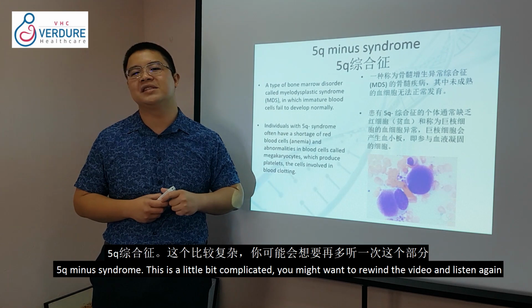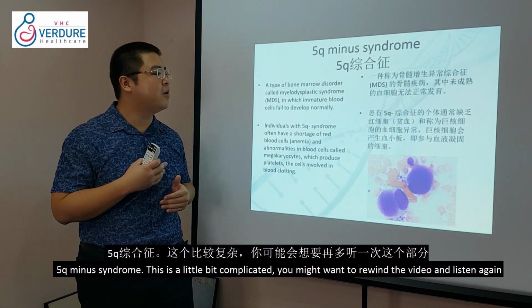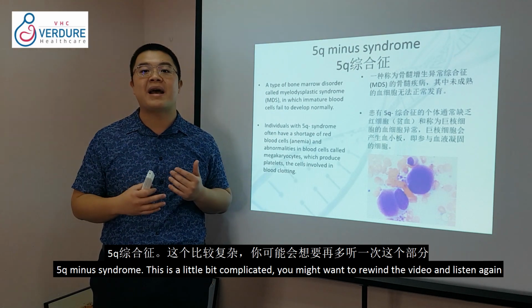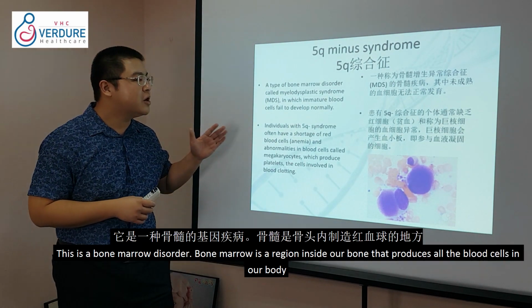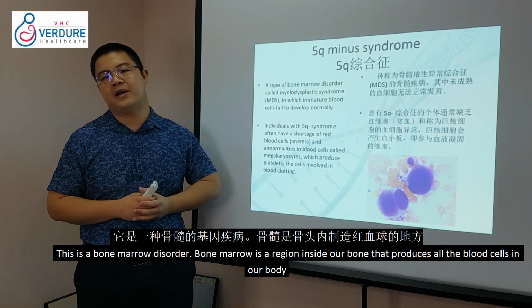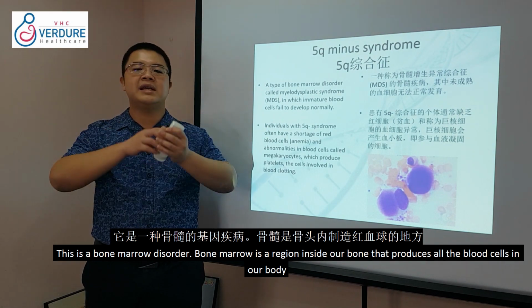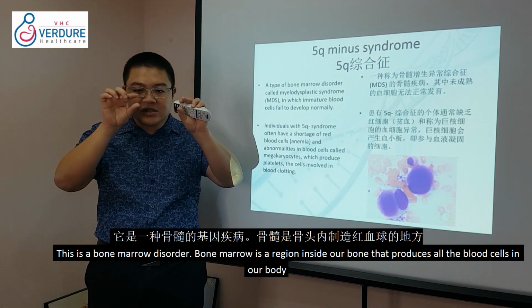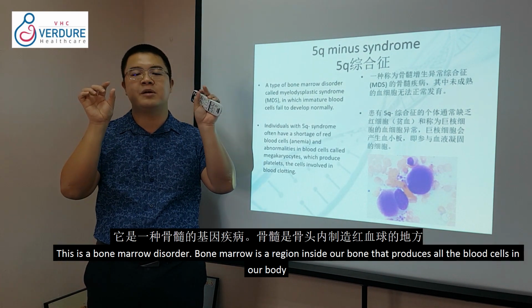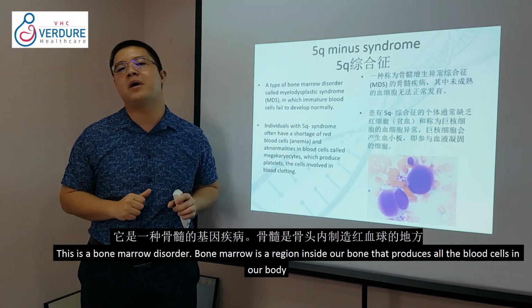5q minus syndrome. Now, this is a little bit complicated, so you might want to rewind back and listen to it one more time. So, this is a bone marrow disorder. Bone marrow is the region inside our bone that pretty much produces all the blood cells in our body.